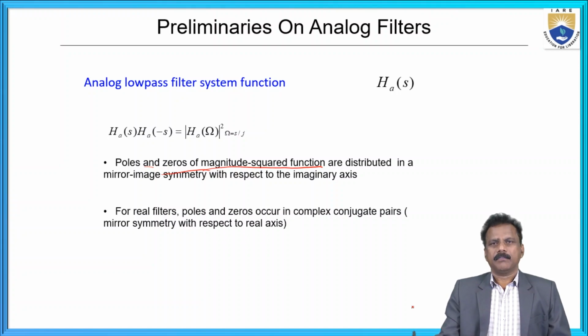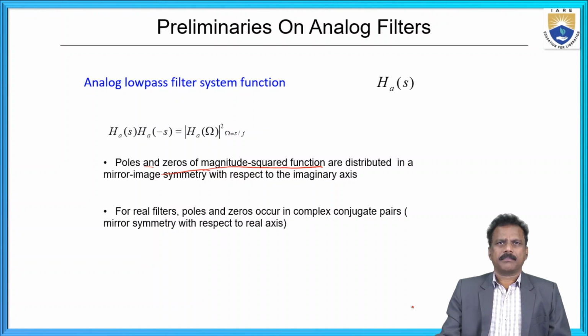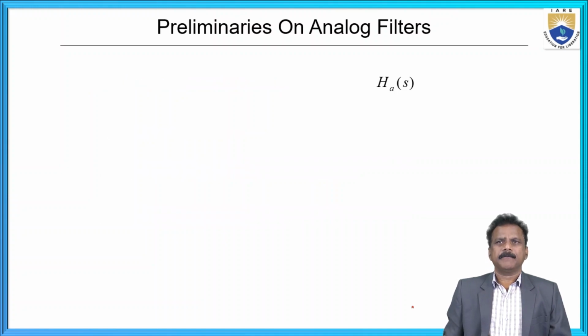For a real filter, poles and zeros occur in complex conjugate pairs, so you can consider mirror symmetry with respect to the real axis. Using these preliminaries on analog filters, the analog low pass filter system function Ha(s) is reflected.